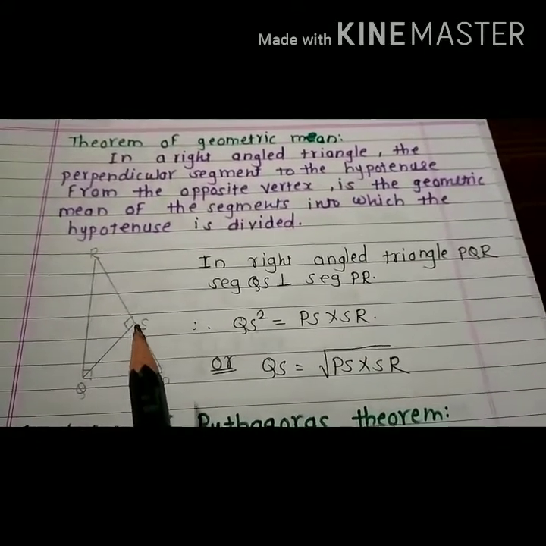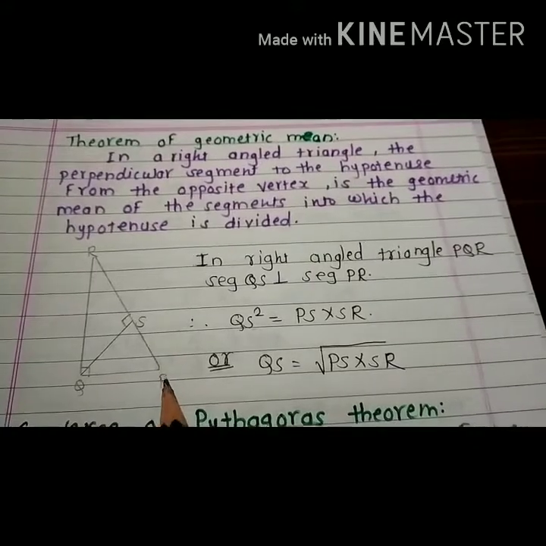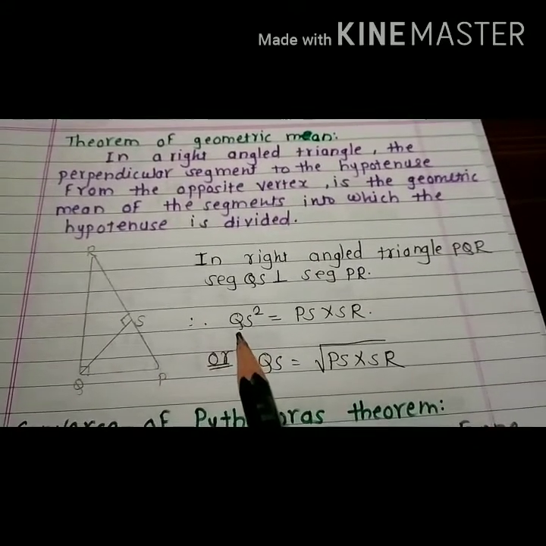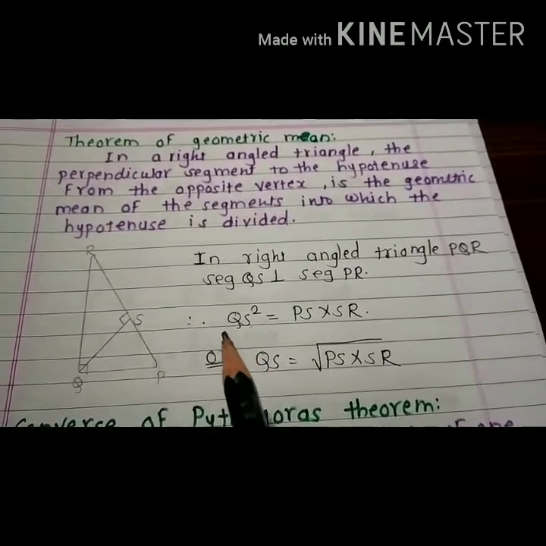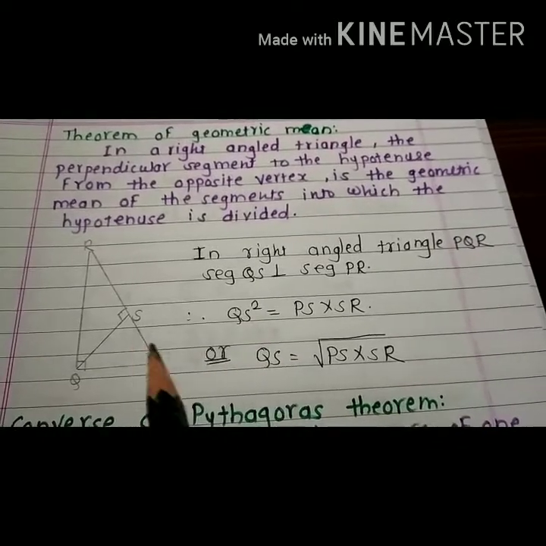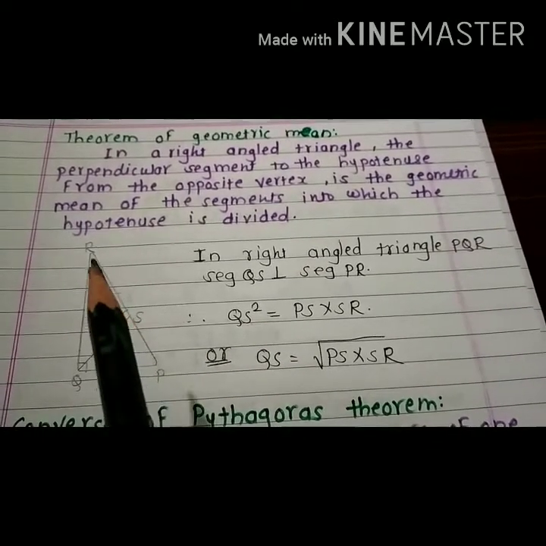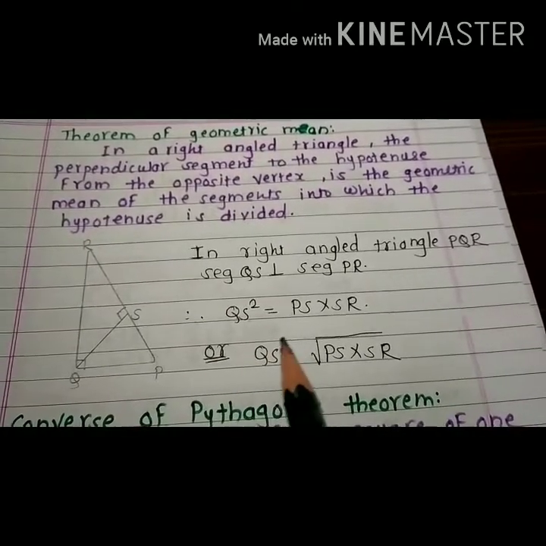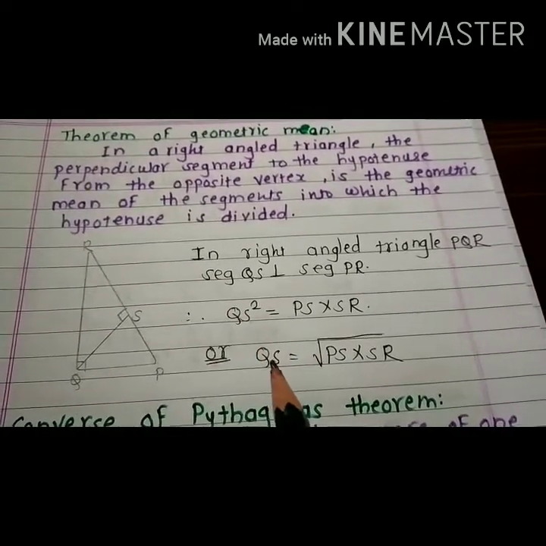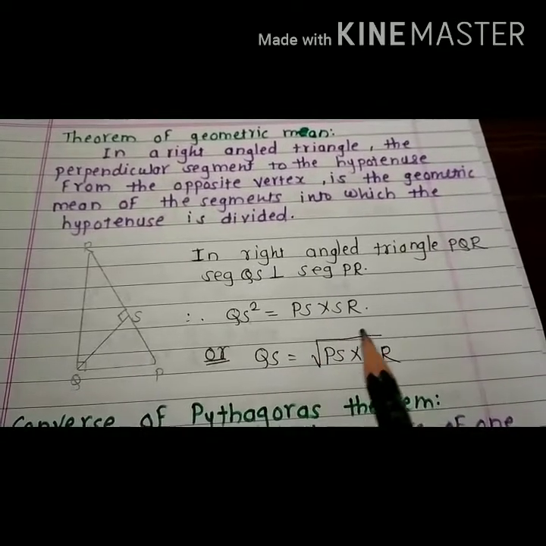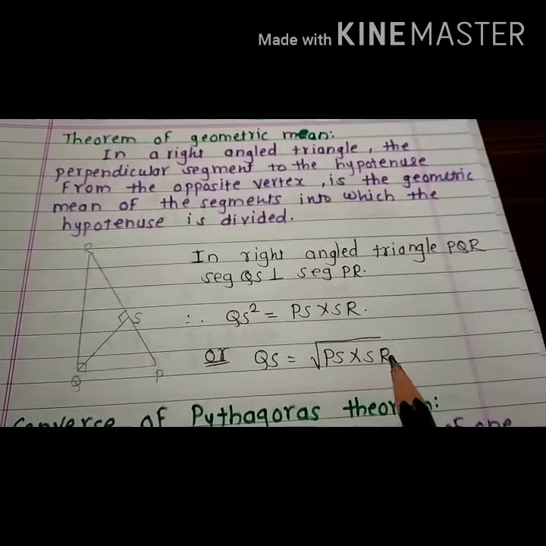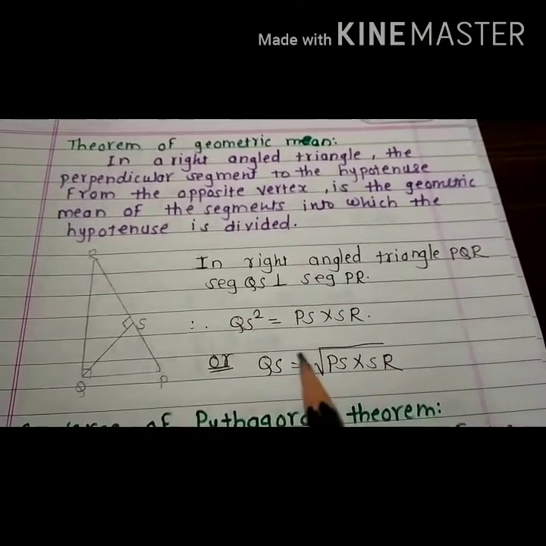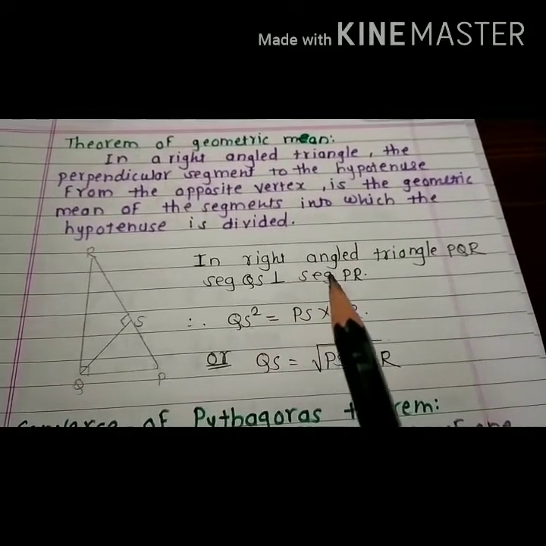Segment RS and segment PS. Therefore, by the theorem of geometric mean, QS square is equal to PS into RS. Or if we take square root on both sides, what we get here? QS is equal to the square root of PS into SR. This is nothing but the theorem of geometric mean.